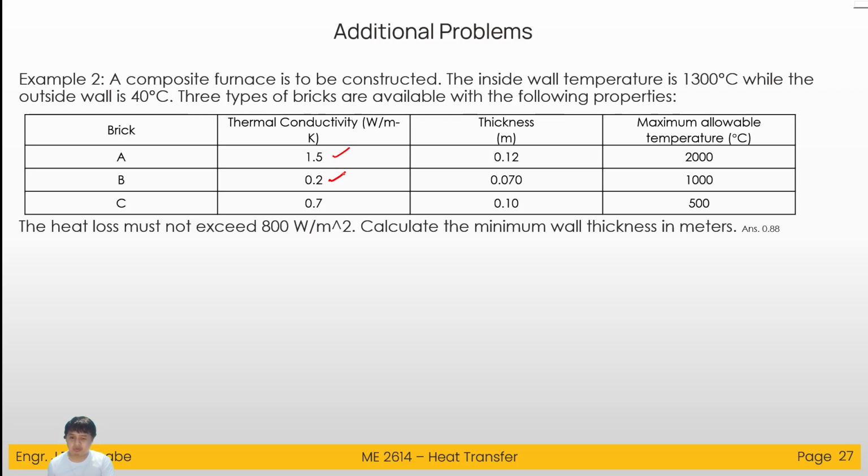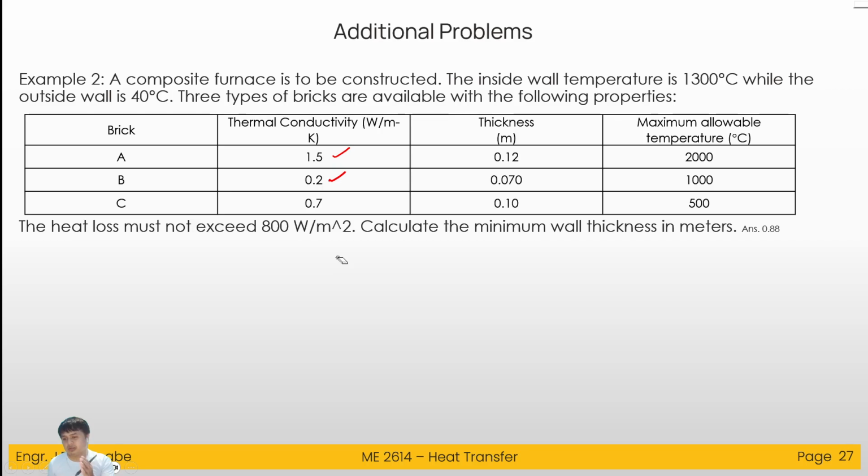So we will use brick A for its maximum allowable temperature. So as it reaches 1000 degrees Celsius, we will use brick B for everything because again, this has the best resistance. Because we are trying to find the minimum wall thickness, no? So we have a minimum we want to optimize. So we have to decide properly.